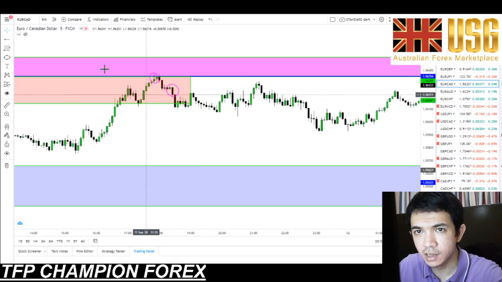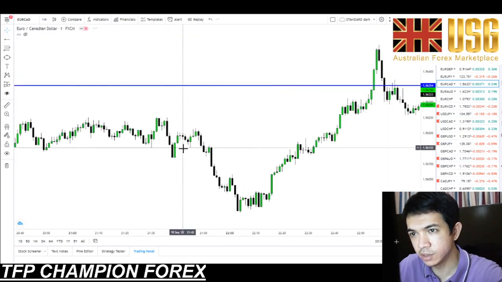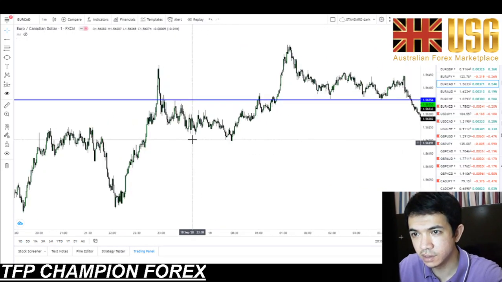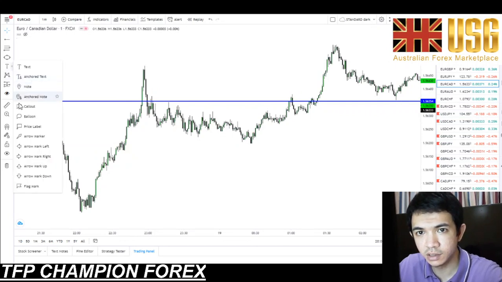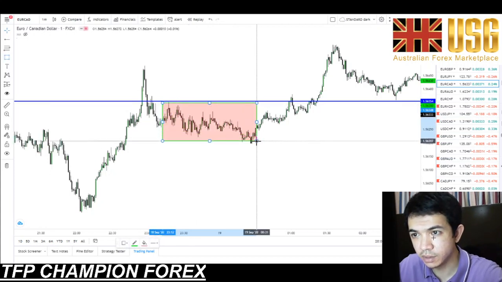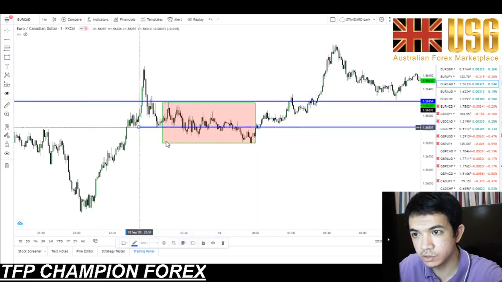So basically, if I go to a much lower time frame, like for example 1 minute, I will have to look for a 50% level of this consolidation market. Let's say over here is a consolidation market. I'll just cut this in half, and that will be my entry.